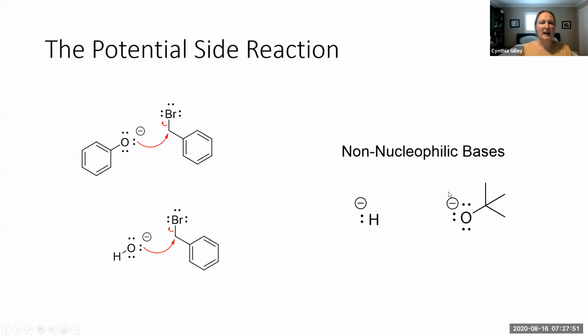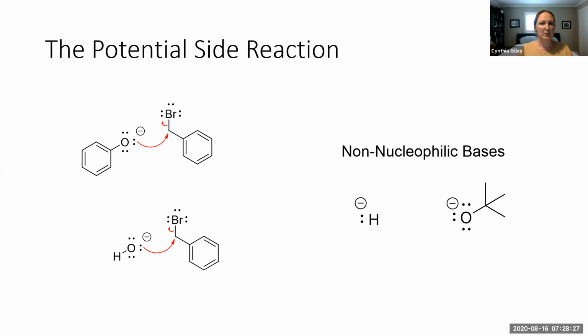There is a potential side reaction in this experiment, which is what happens if you're adding hydroxide to the reaction mixture. What happens if it doesn't completely deprotonate the phenol, and there's some still around, and it could potentially do an SN2 reaction and act as the nucleophile and kick out bromide to form benzyl alcohol. That is certainly possible, particularly if you have an excess of sodium hydroxide around compared to the phenol.